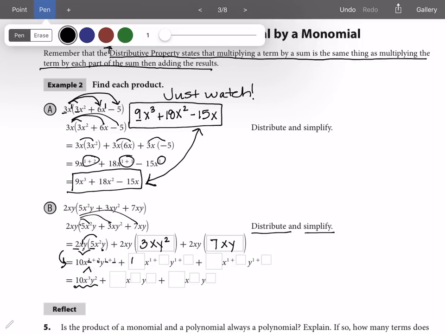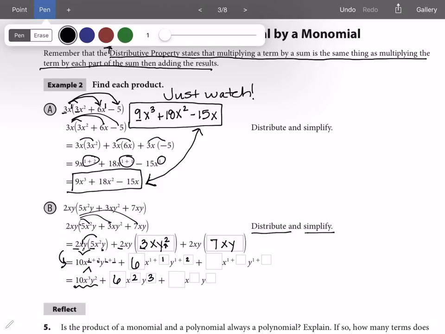Then I have 6x, because 2 times 3 is 6. I have an x here and an x here, which is 1 and 1, and then a y here and 2 y's here. So I have 6, and 1 plus 1 is 2, so I have x squared, and I have y cubed.